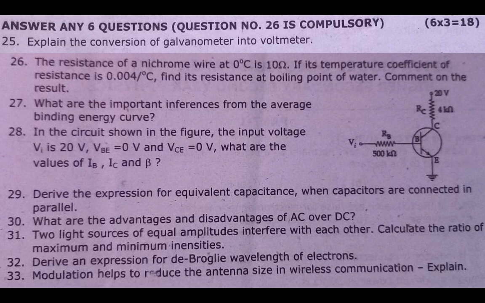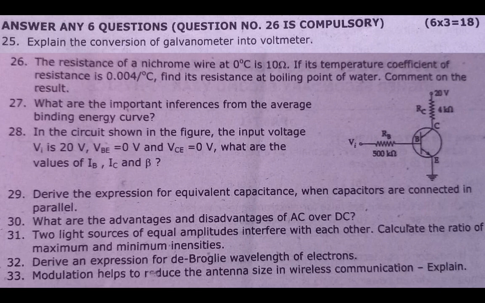Question number 25. Explain the conversion of galvanometer into voltmeter. And sometimes galvanometer into ammeter, it may be asked. And question number 27. What are the important inferences from the average binding energy curve? And question number 28.